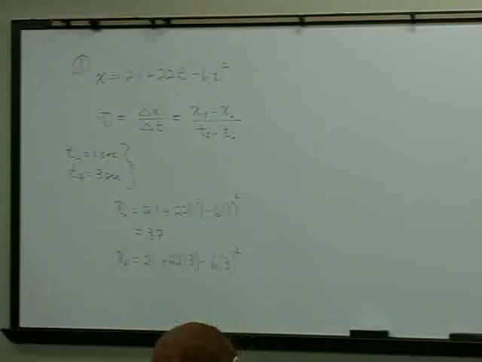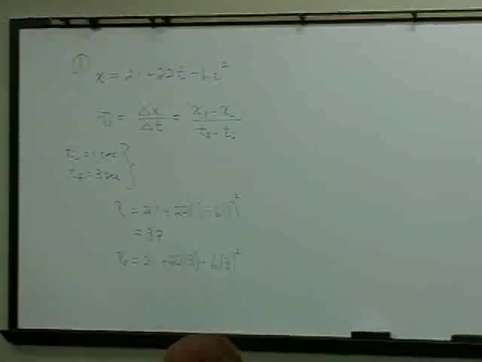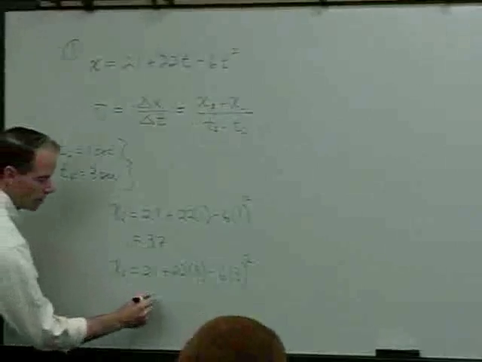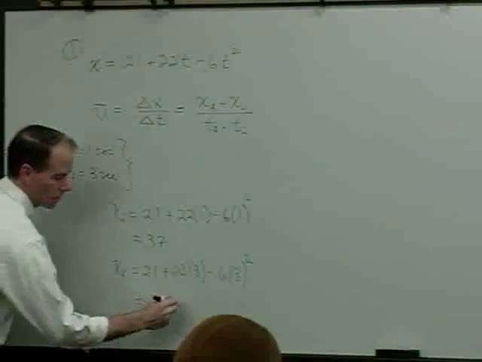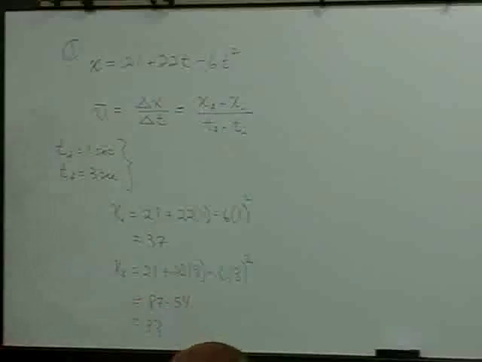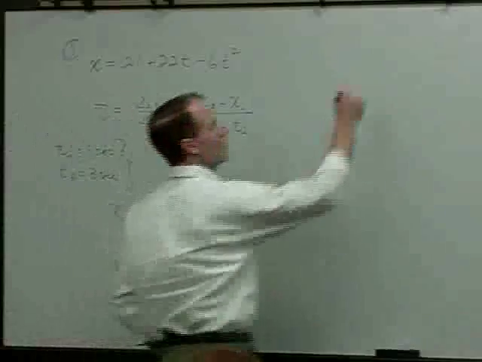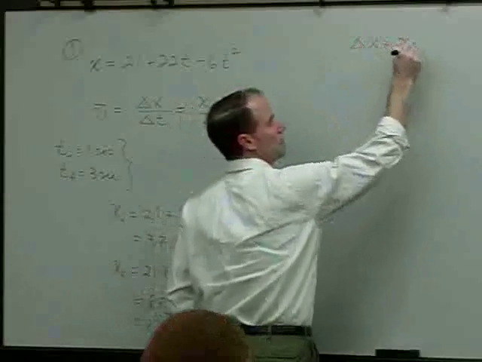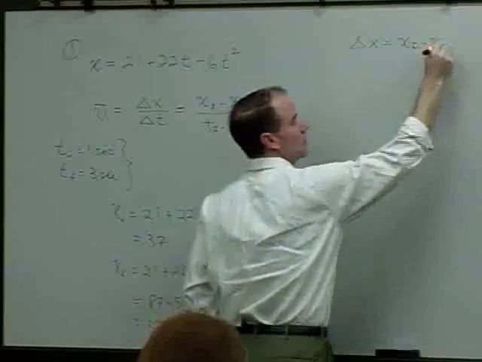So that'll be 87 minus 8 times 6 times 9. Right? So our displacement is the final position minus initial position.